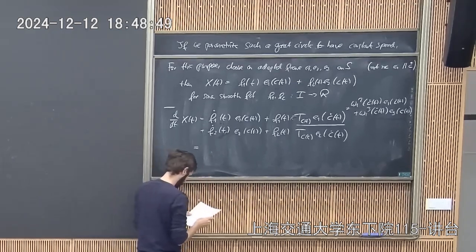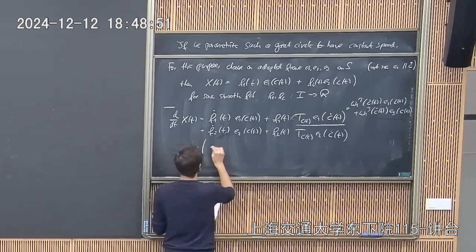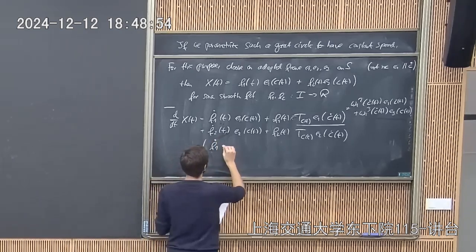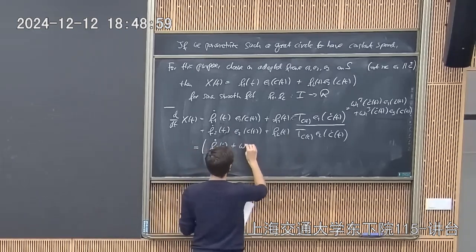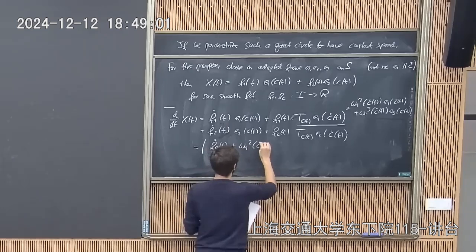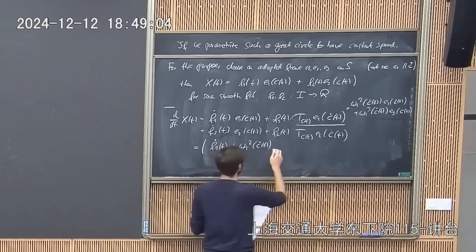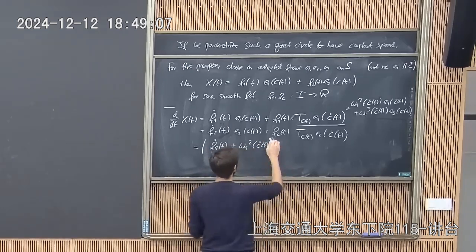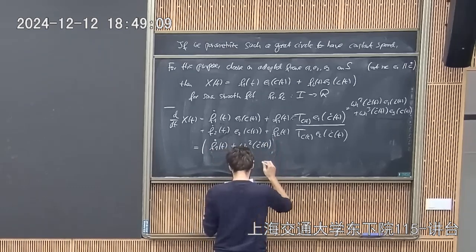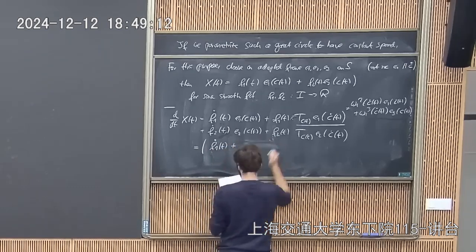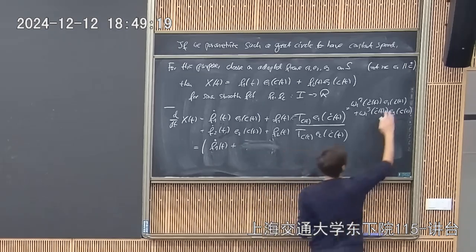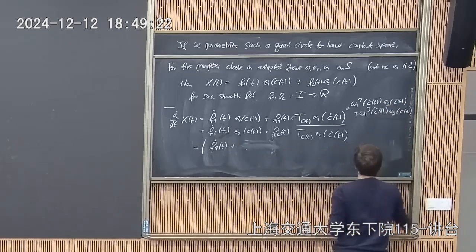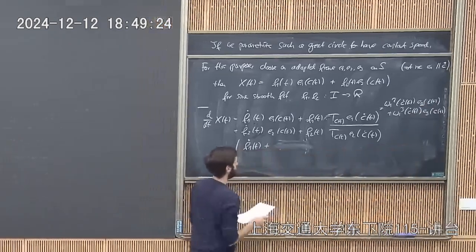So what we end up in total is that we have f1 dot of t plus omega 1,2 of C of t times f1. Oh, sorry, so that's the E2 direction.